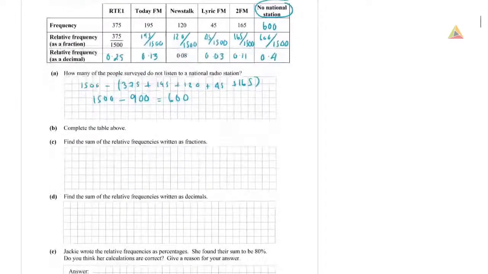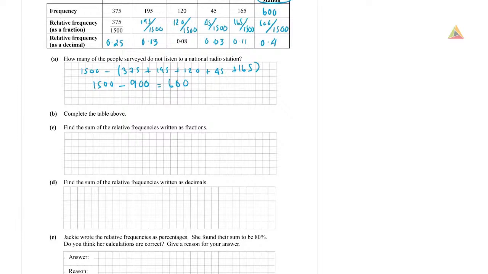So that's for part B. For part C, find the sum of the relative frequencies written as fractions. So you need to write these actually out as fractions. So it's 375 over 1,500 plus, so remember sum is when you add them all together, 195 over 1,500 plus 120 over 1,500 plus 45 over 1,500 plus 165 over 1,500 plus 600 over 1,500.